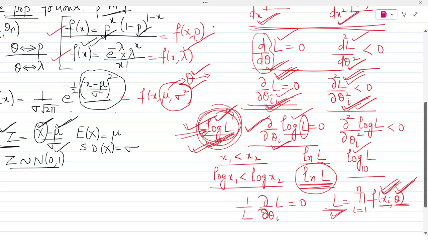I think you know how we differentiate log of f(theta) with respect to theta.